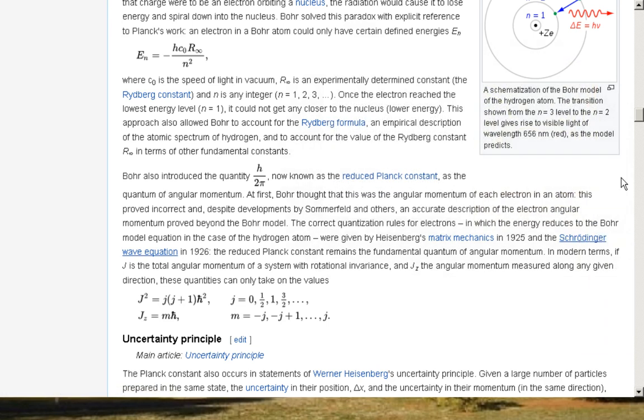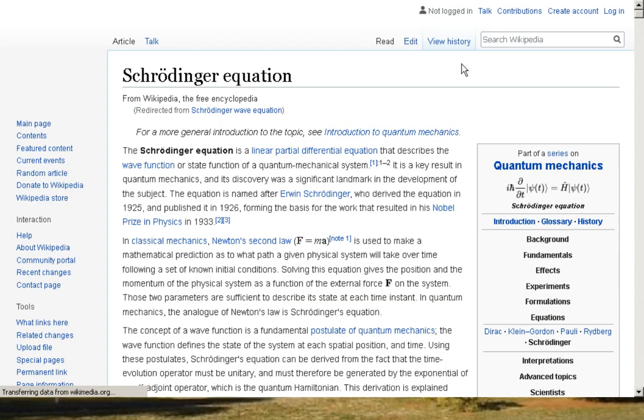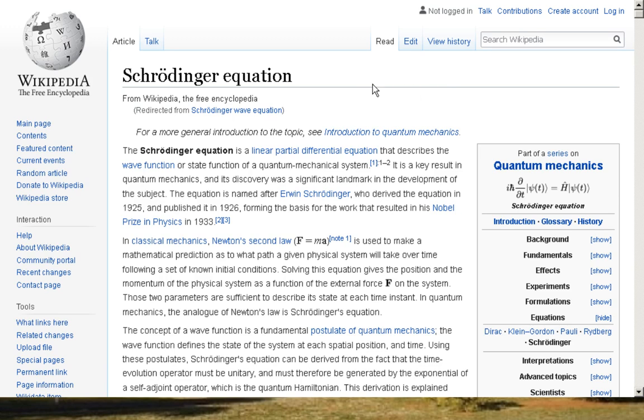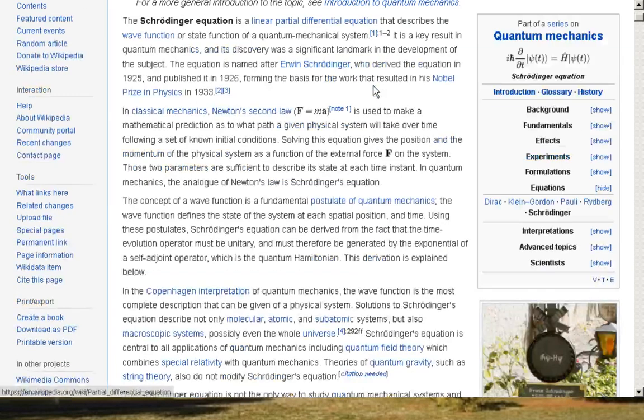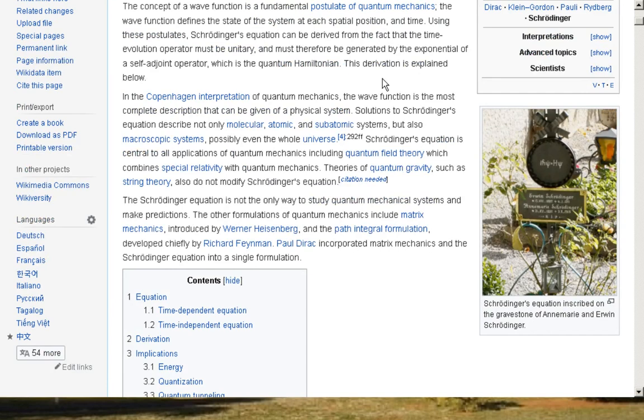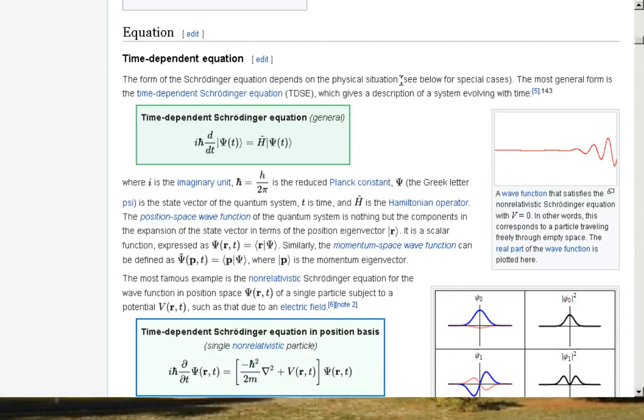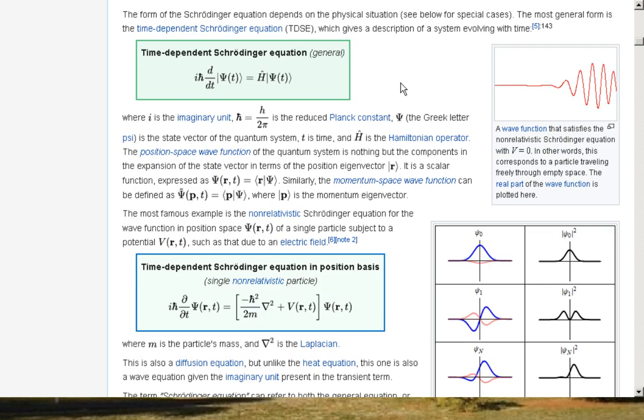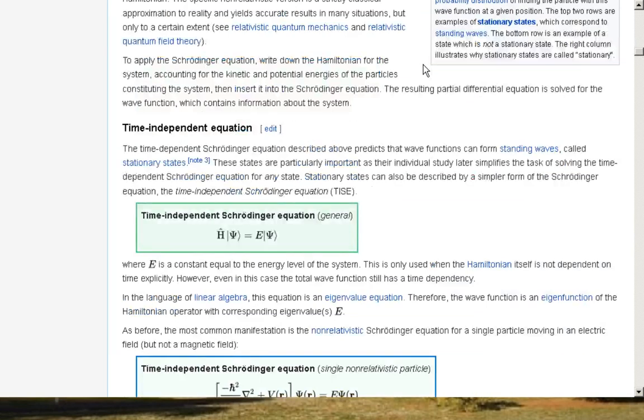The Schrödinger equation, which I believe is a wave, relates your particles to your waves, okay? So all this energy that you see here, this wave function, is a result of a bunch of photons being emitted over time.